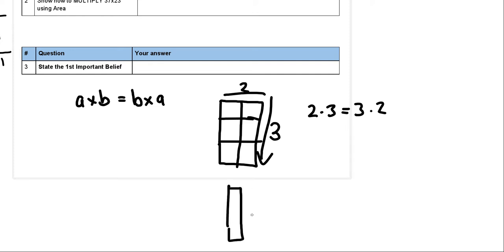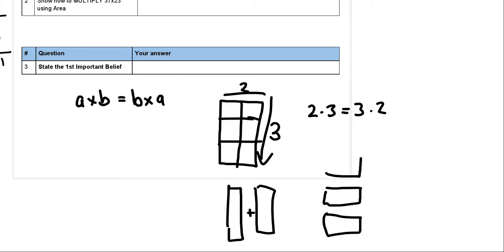If you add 2 columns versus adding 3 rows, either way, it's the addition. Doesn't seem to matter the order which way you look at it. That's the chunk about this belief. A times B is the same as B times A.